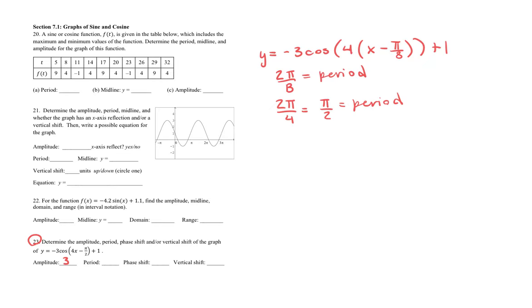Okay, and then our phase shift, that'll just be any horizontal shifts. So we have a phase shift by pi over 8, and since it's minus, it'll be towards the right. And then lastly, that plus 1 out here is a vertical shift of up 1. Perfect.